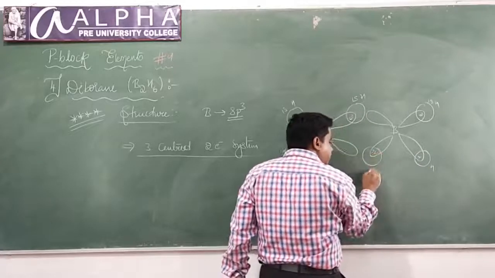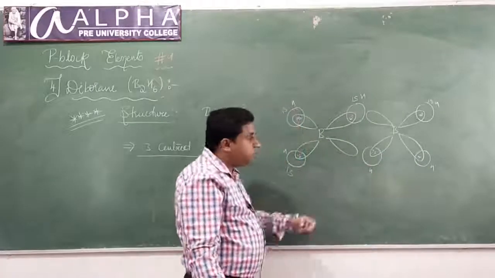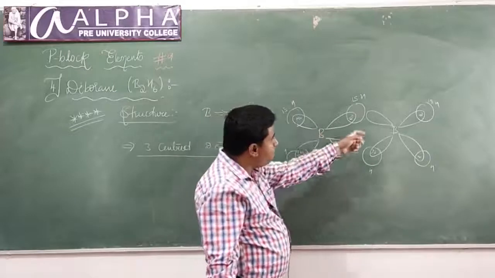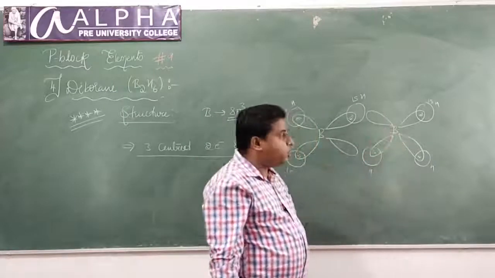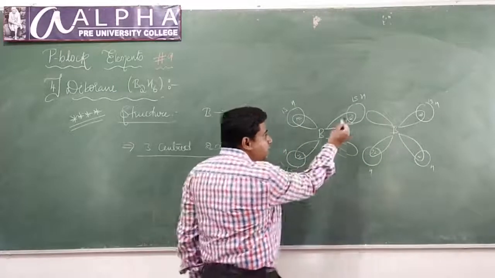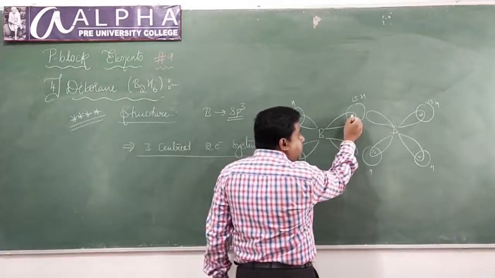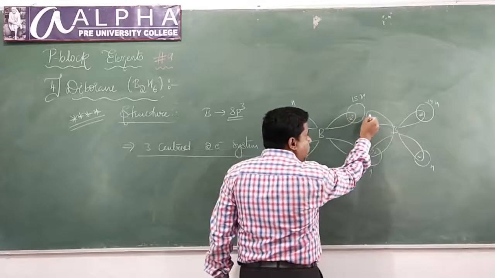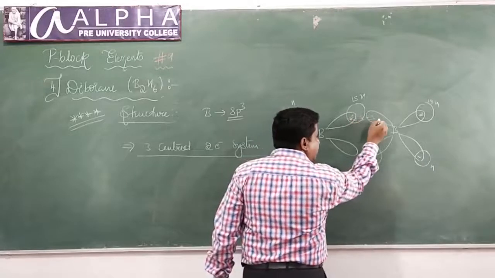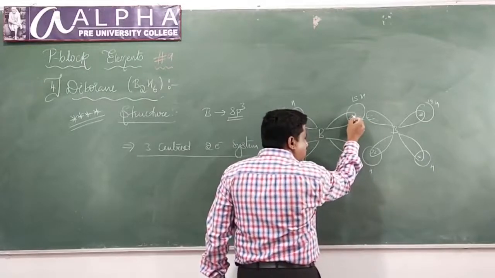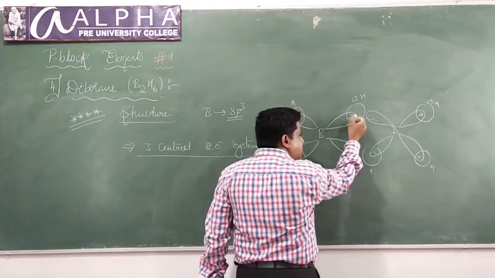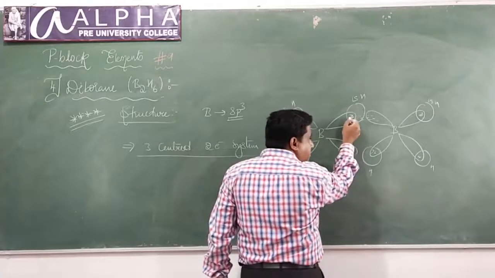Now, this is the vacant orbital of boron, and this is the vacant orbital of this boron. What is going to happen? See, these electrons will momentarily drift from here to here.